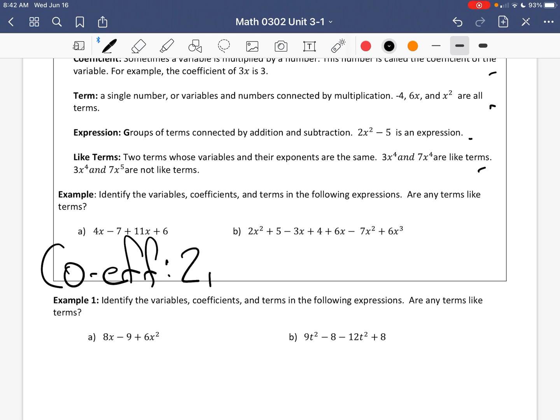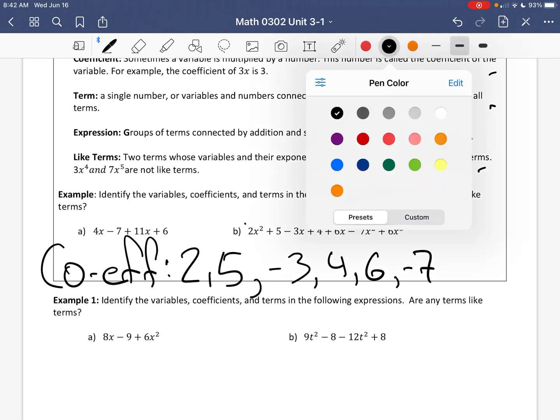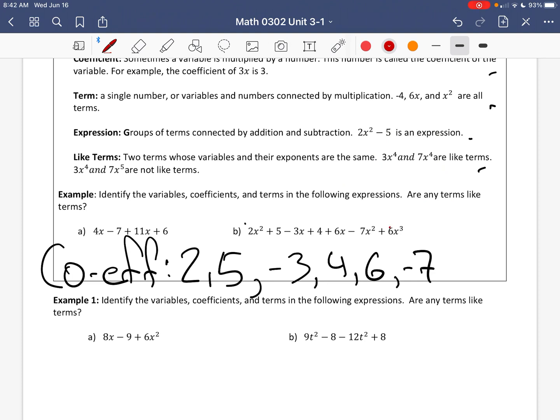Starting from the beginning, we have the number 2, the number 5, the number minus 3, then the 4, then the 6, then the minus 7, and at the very end I'm going to circle it, we have the number positive 6. But since a positive 6 already appears in our list, we don't need to rewrite it. These numbers represent the coefficients for the expression.